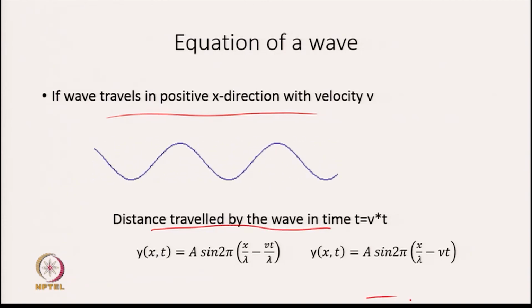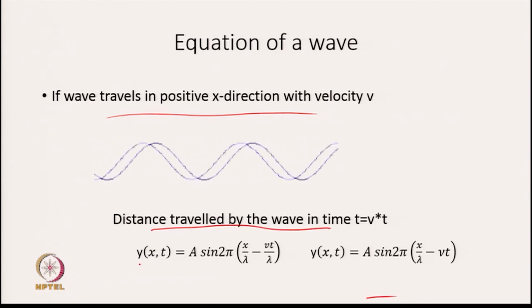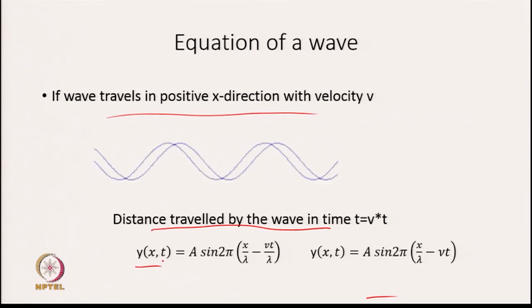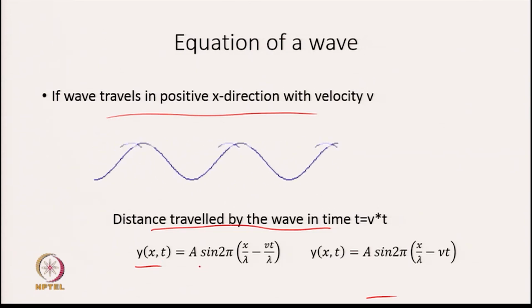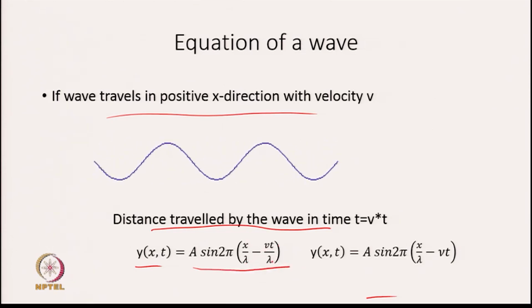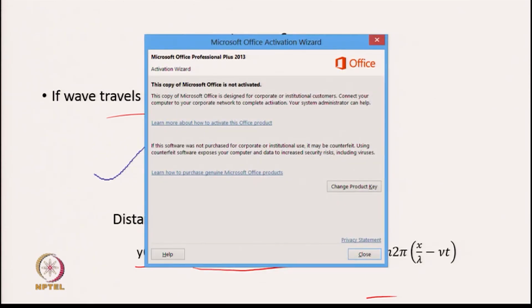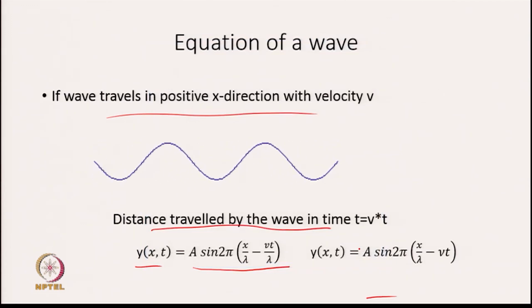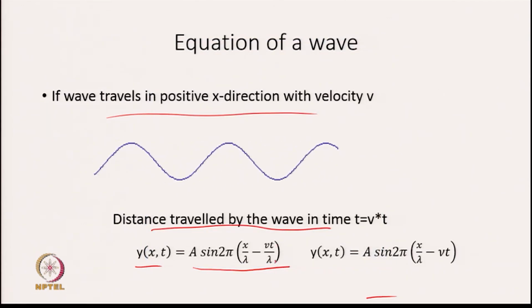In that case, your y, which is the vertical displacement, will be given by a sin 2 pi times x by lambda minus vt by lambda.